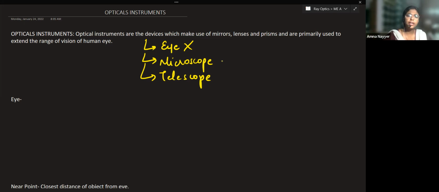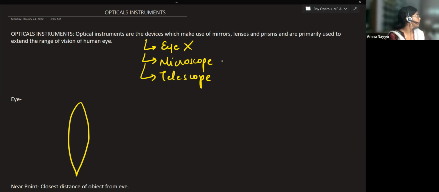Quick revision of eye we'll do. Let me tell you whatever is important for you. Your human eye's outermost layer has cornea, then it has sclera and choroid membrane, all these three layers. Cornea is the outermost membrane. Then after it, you have iris. Iris is a colored structure which provides the color to your eyes.